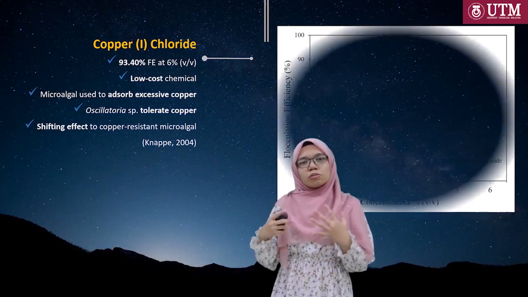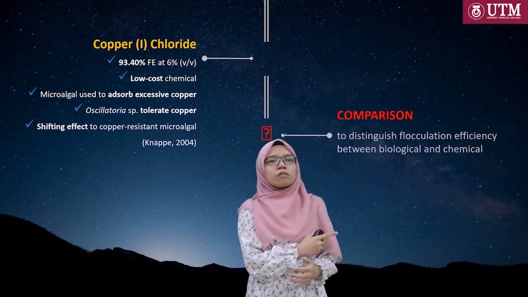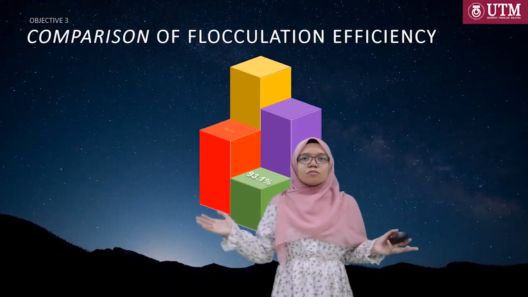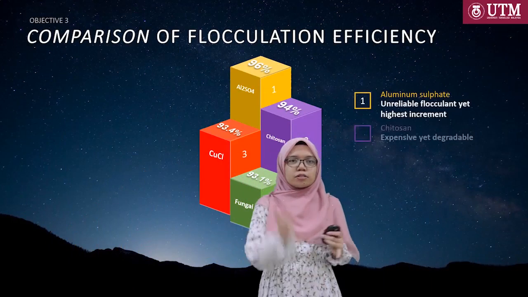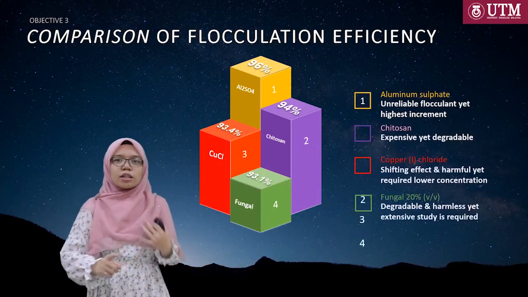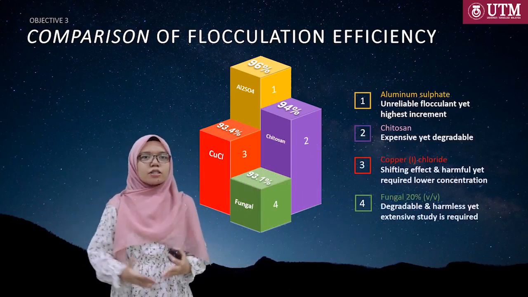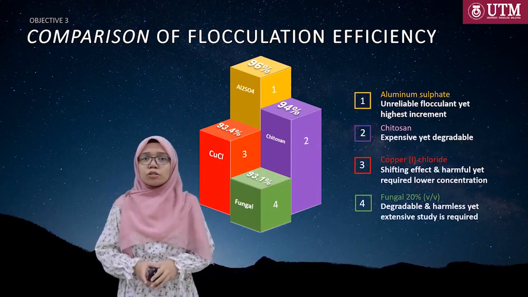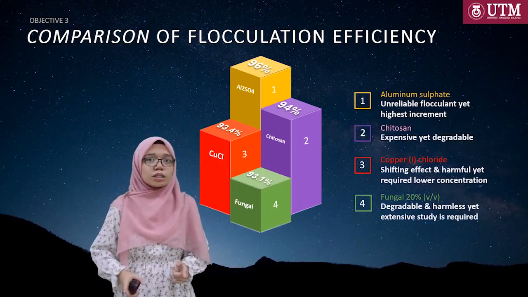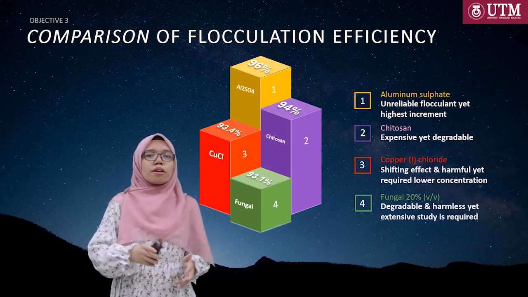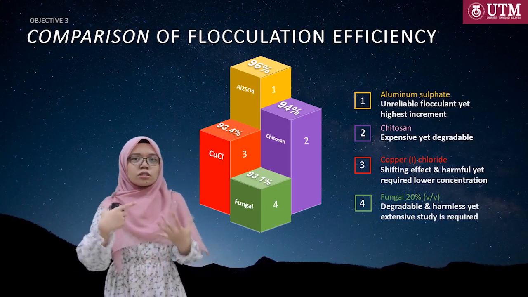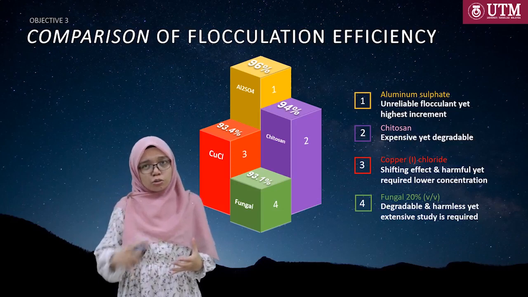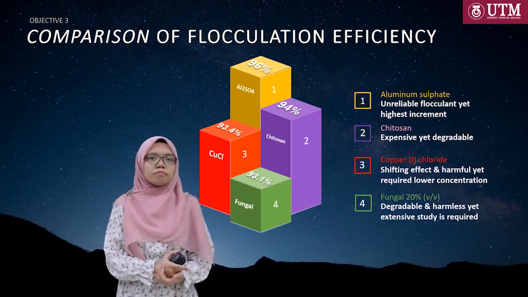So before we successfully achieve Objective 3, the comparison of flocculation efficiency between chemical and biological strength. This is the comparison in terms of efficiency, advantages and disadvantages. Aluminum sulfate has the highest efficiency, but it is an unreliable flocculant. Next is chitosan, an expensive flocculant to be used, yet it is safe for the environment. Third is CuCl, where the flocculation efficiency is almost the same as fungal, and it is also a cheap flocculant, but it is too harmful and may cause a shifting effect.